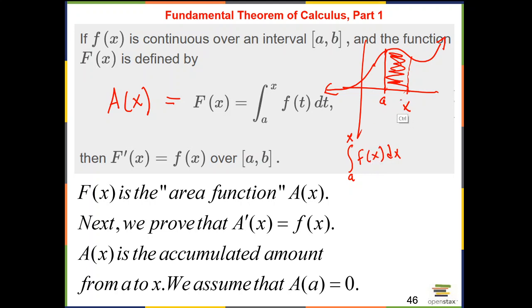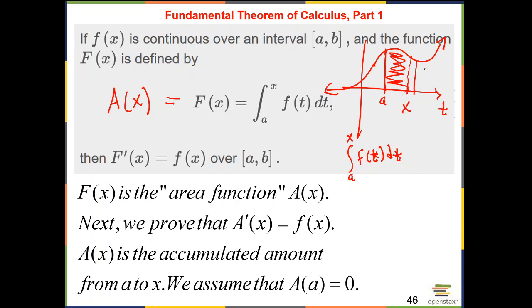Because we use x to indicate the upper index for the integral. So we're going to use t for the function, and we're going to call this axis the t-axis, but the value of this second number that we get here, we're going to call it x. So that's what the area is.